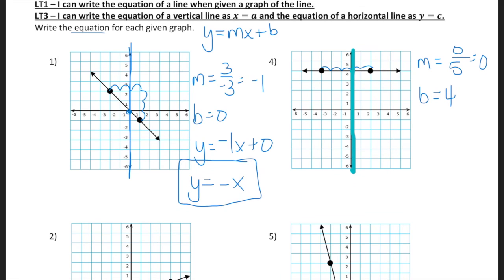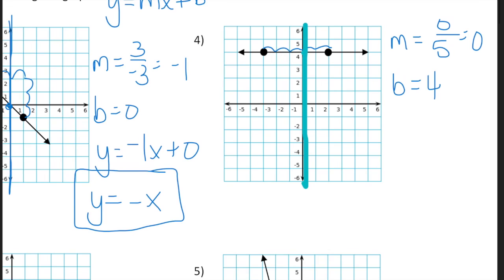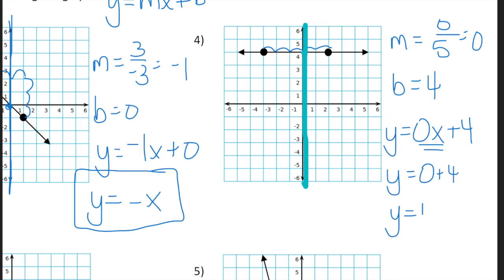So I would have, and let me see if I can slide this over a little bit, y equals 0x plus 4. But again, you will never see 0x because what is 0 times x? It's 0. And 0 plus 4 is 4. So this is what the equation of a horizontal line looks like.